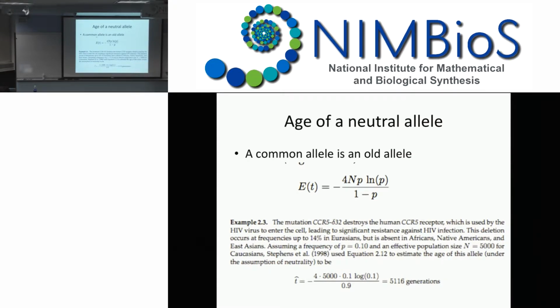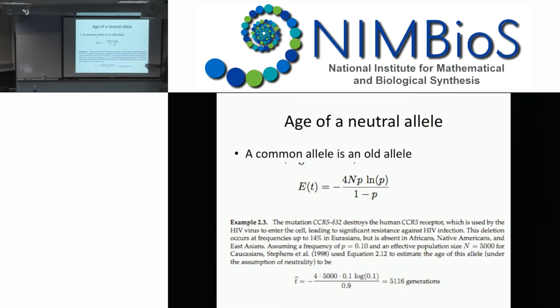How can we apply that? Well, here's one of the early applications. A deletion, del32, in the CCR5 receptor, that's the receptor that HIV uses to get into the cell. If you have this mutation, you're largely resistant to HIV infections.